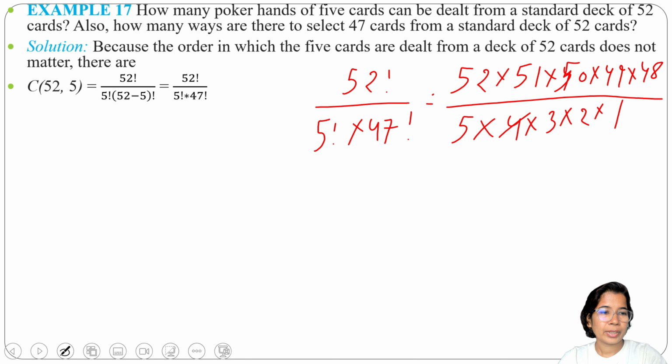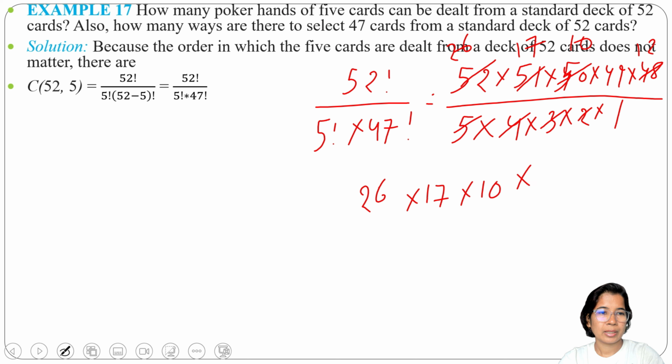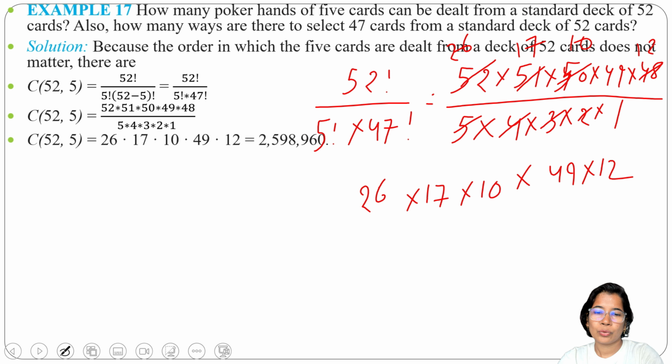Now this 4 can be cancelled with 48, so it will be 12, and this 3 can be cancelled with 51, giving 17. 2 can be cancelled with 52, giving 26. This 5 can be cancelled with 50, giving 10. So it will be 26 times 17 times 10 times 49 times 12, which is 2598960.